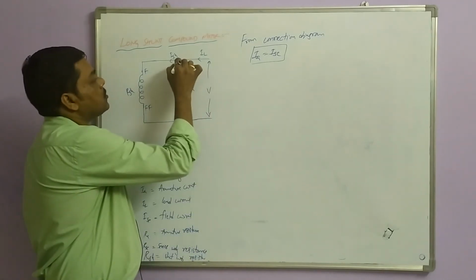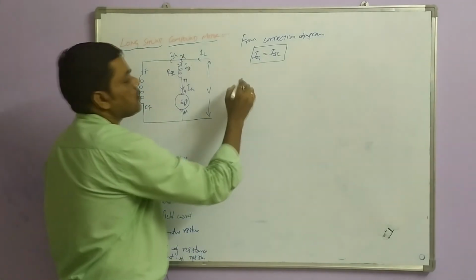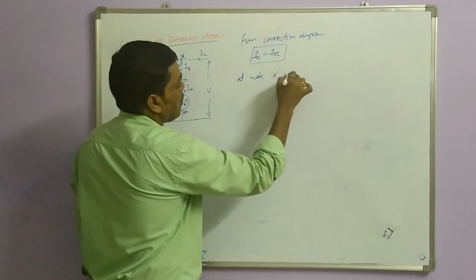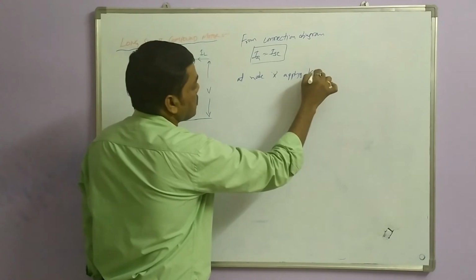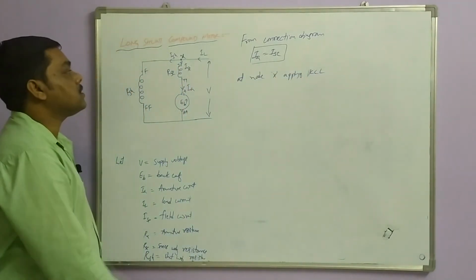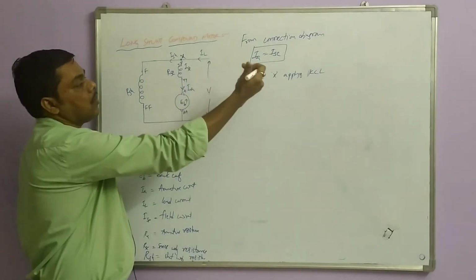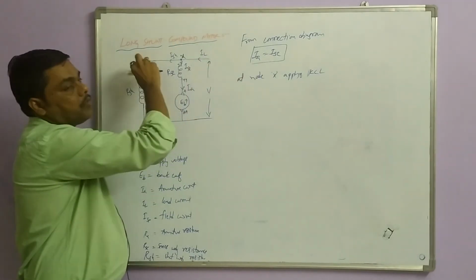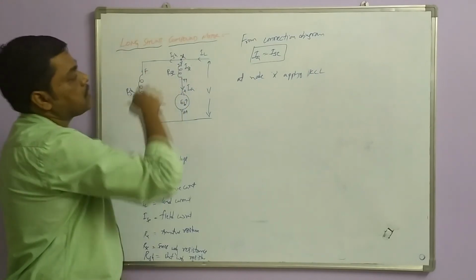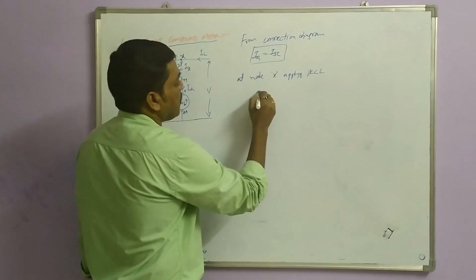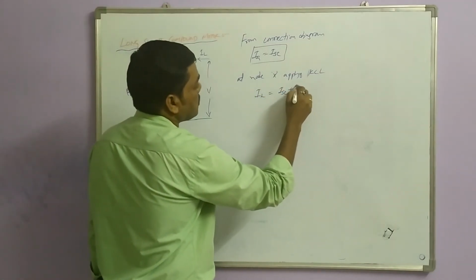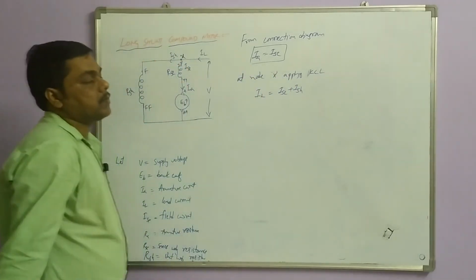But what about this node X? At node X, applying KCL, you see one entering current and two leaving currents, one shunt and one series. The entering current is IL and the leaving current is series plus shunt.